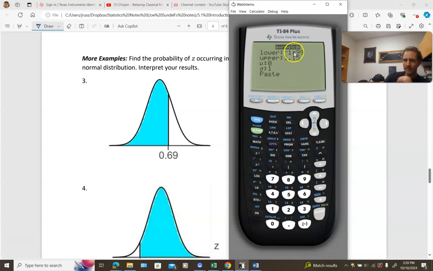I'm keeping this the same because I'm still going to be going from negative infinity all the way up to this value of z. So I'm going to change my upper bound. Change it to 0.69. Paste this in here, and we're going to get 0.7549.